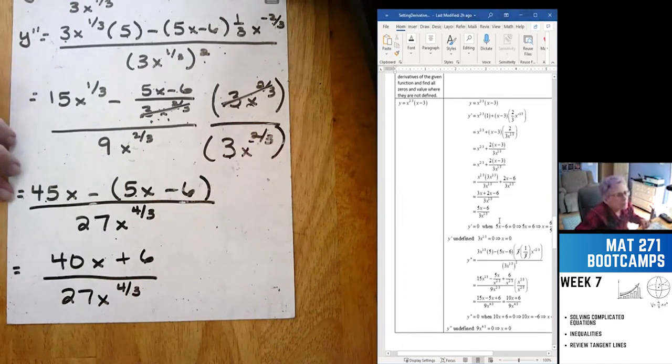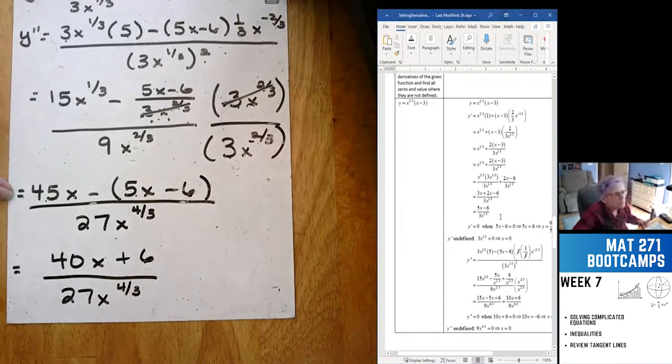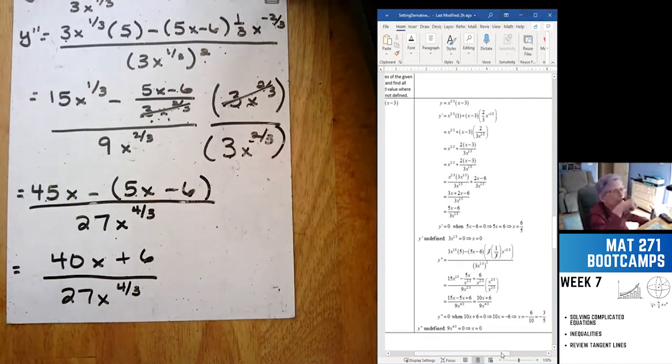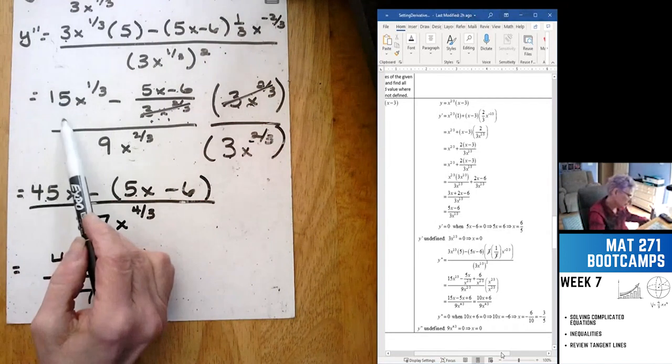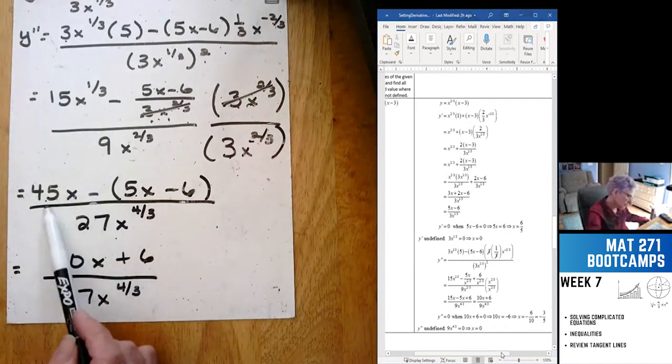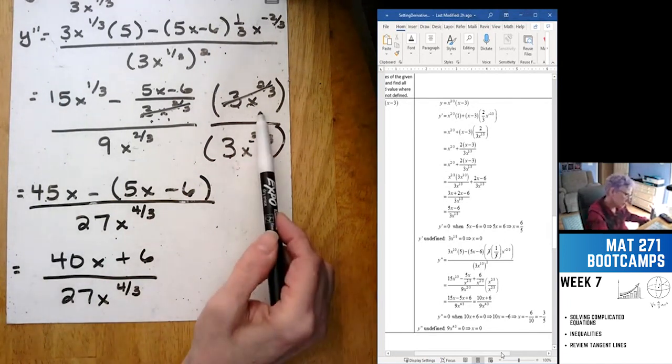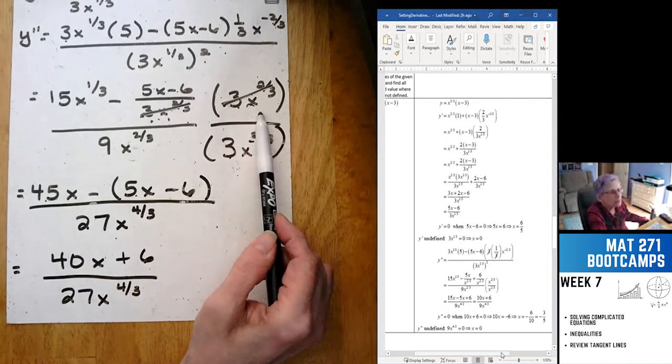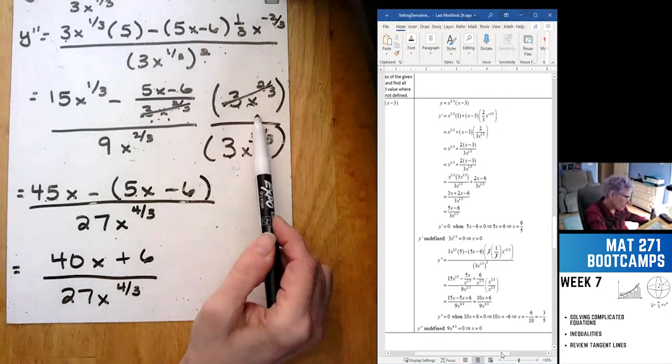See if I got the same thing. Somehow I lost something somewhere. Let's see. Five times 3, 3 times 5, that gives me the 15. And how did I make that into a 45? Because I multiplied by 3x to the 2/3. And let's see.